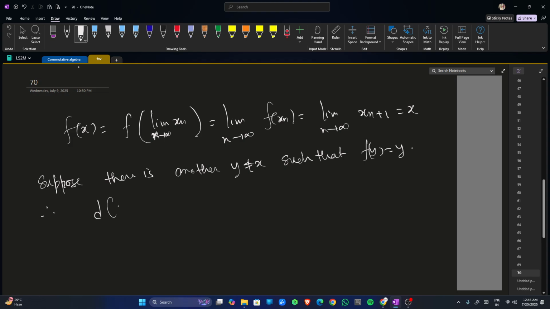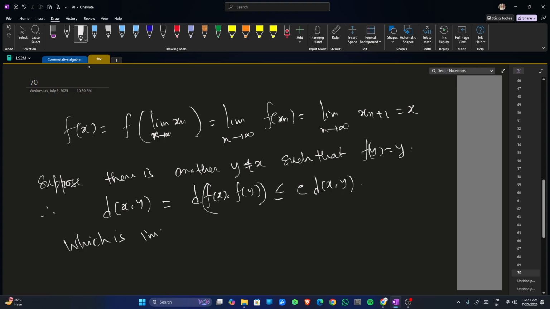Therefore d of x, y equals d of f(x), f(y), which is less than or equal to c times d of x, y, which is impossible if y is not equal to x.